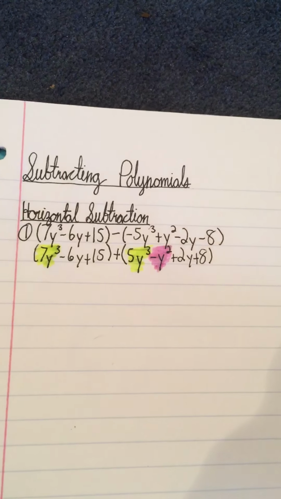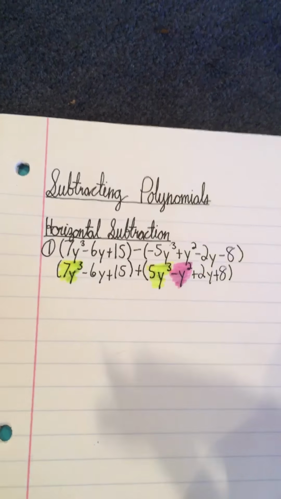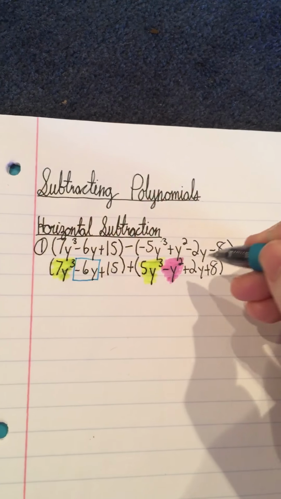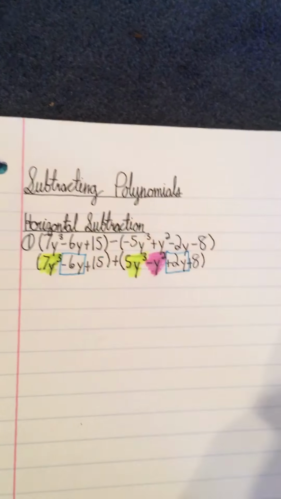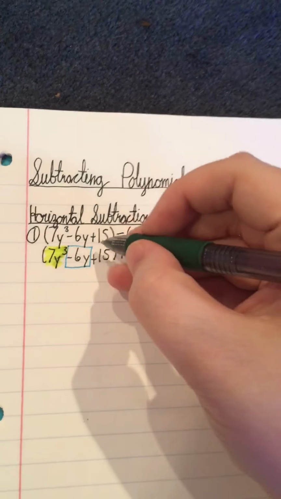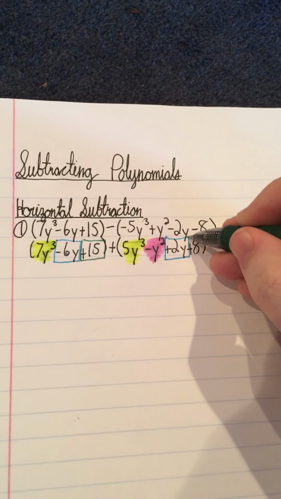Doesn't have any like terms to itself. And then we have this negative 6y term with this positive 2y term. And then we have our final terms, which is this positive 15 and this positive 8.